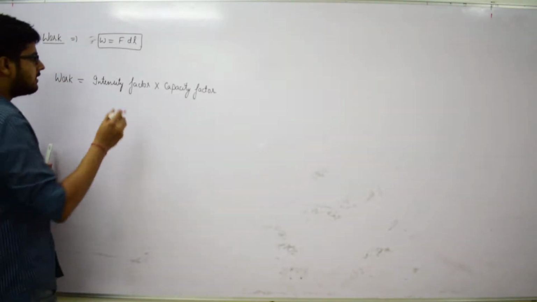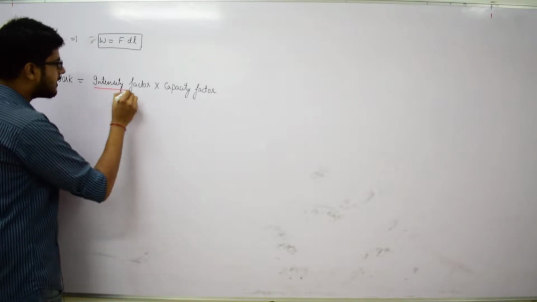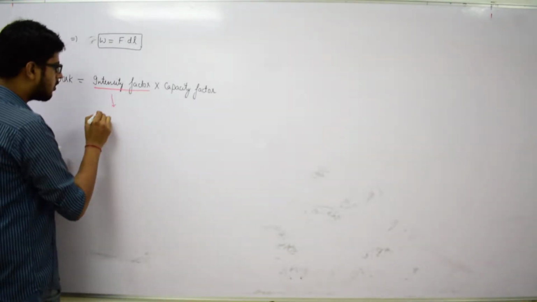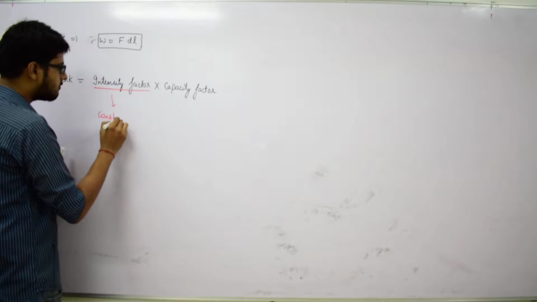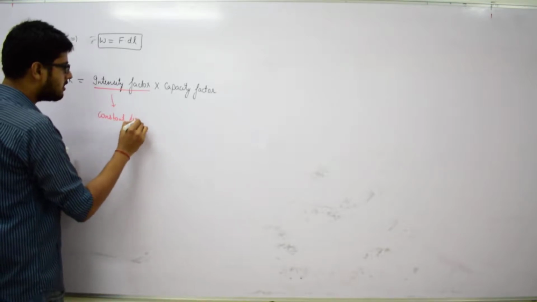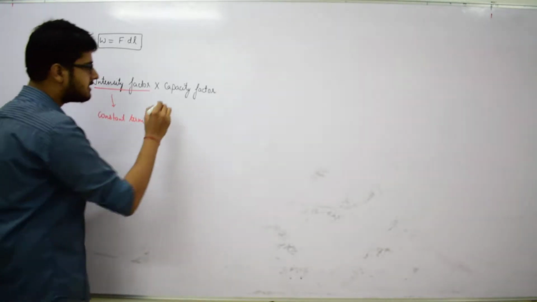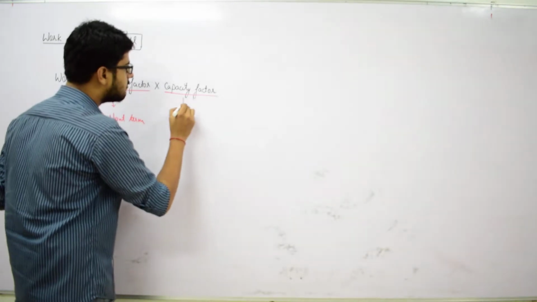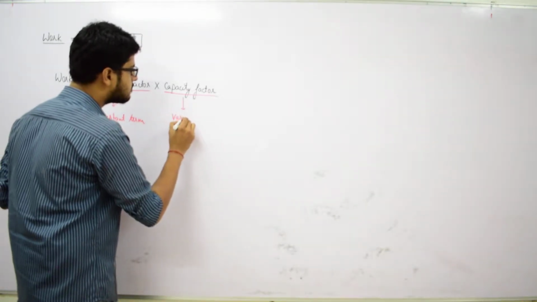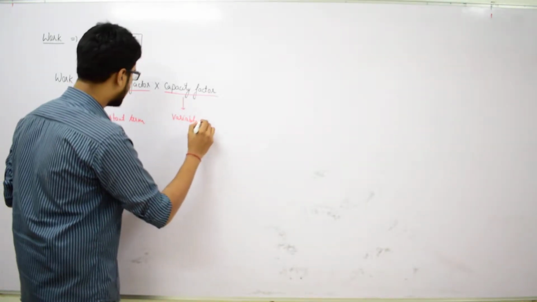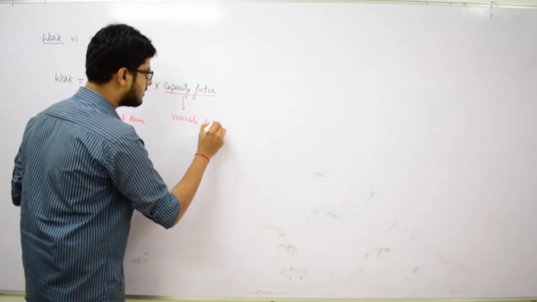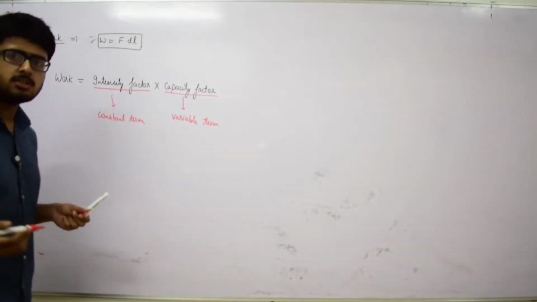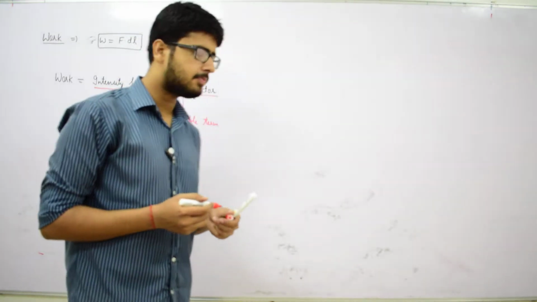For example, this intensity factor is always a constant term. Its value will always remain constant. But this capacity factor is a variable term. Its value will change according to the temperature or physical conditions near the system.